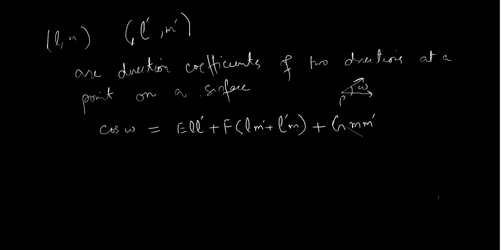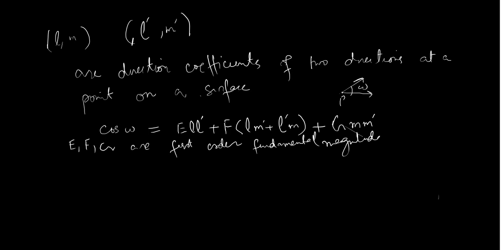Here E, F, G are the first order fundamental magnitudes, which are evaluated at that point on the surface, because we are talking of a surface on which there is a point and there are two different directions at that point.